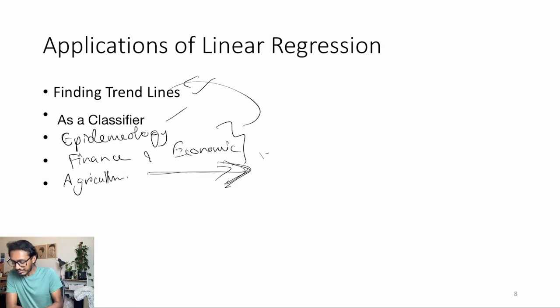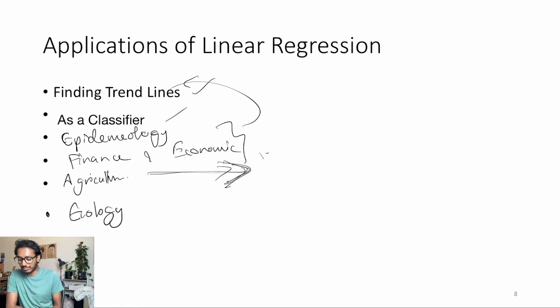And what else can we use? We have so many fields where generalized linear models are used, and in association, linear regression is used to describe variables. Ecology is another aspect.